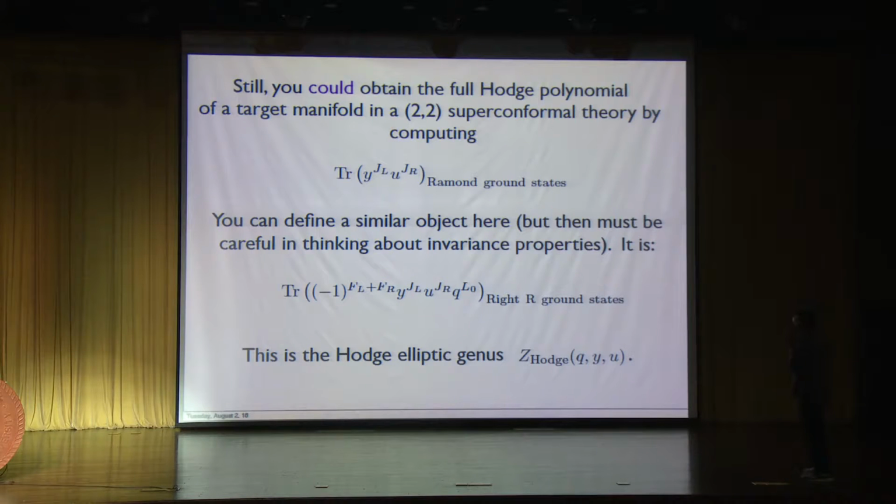You can define a similar object here, but then you have to be very careful in thinking about its invariance properties, by taking a trace over what would normally give you the elliptic genus, but restricting the trace by hand to right Ramond ground states. So you have the y to the j left, q to the L naught, and a u to the j right. And when you take q to 1, that basically gives you back the Hodge polynomial. So this is our proposal for something that we would call a Hodge elliptic genus.